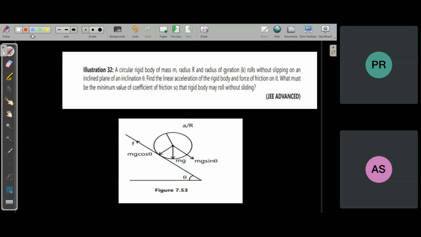First part is the same: find the linear acceleration of the rigid body and the force of friction. But the second part asks: what must be the minimum value of coefficient of friction so that the rigid body may roll without sliding?